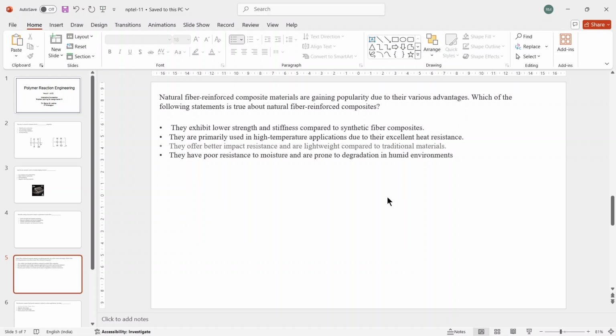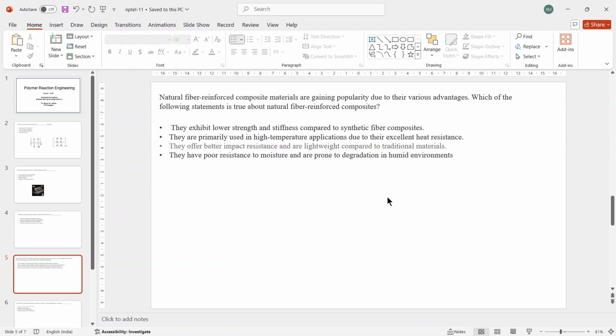This is true because natural fibers are less dense than any of the synthetic fibers, so they are definitely lightweight compared to traditional materials. And since they can exhibit similar strength and stiffness compared to the synthetic fibers, they can also offer better impact resistance while being lightweight compared to the traditional materials.